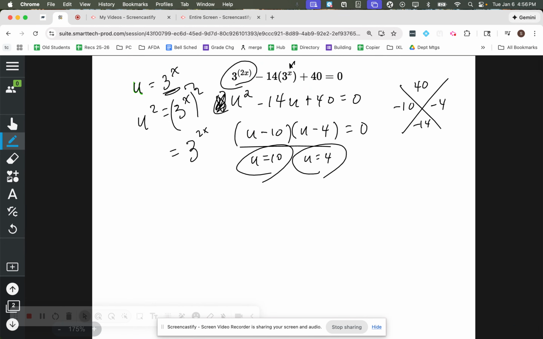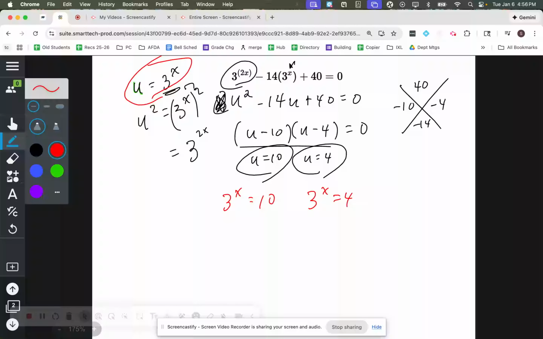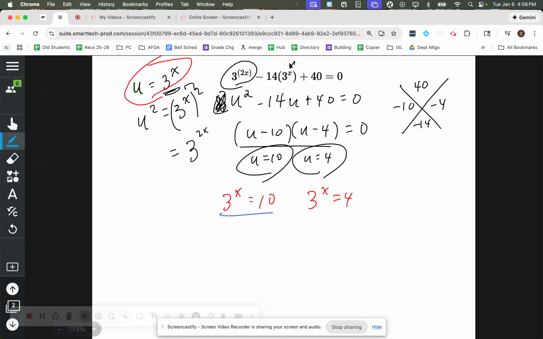But now we're going to go and substitute back 3 to the x for u. So let's write these again. 3 to the x is 10. 3 to the x is 4. How do you solve for x? What you do is write this as a log statement.